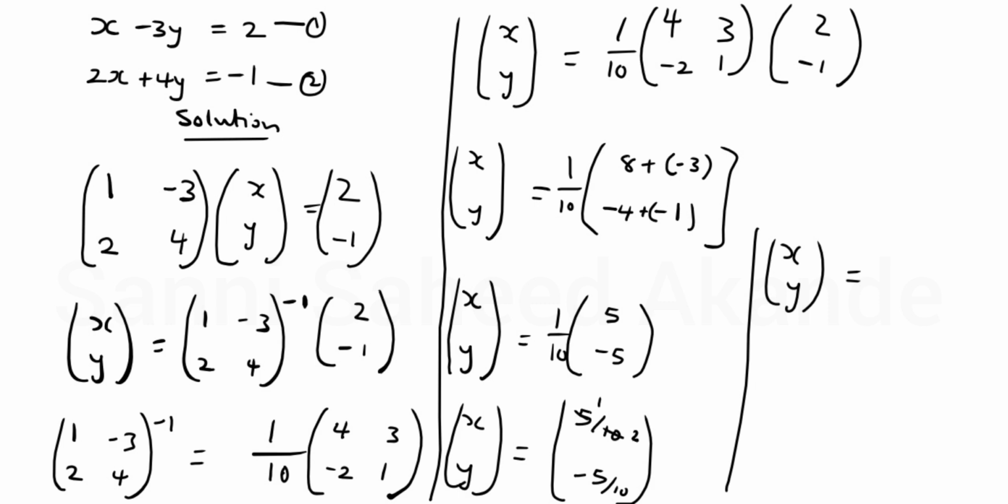So we have 1 over 2, and here also we have 1 over 2, but this time it is minus 1 over 2. So we can now finally say x is equal to 1 over 2 and y is equal to minus 1 over 2.